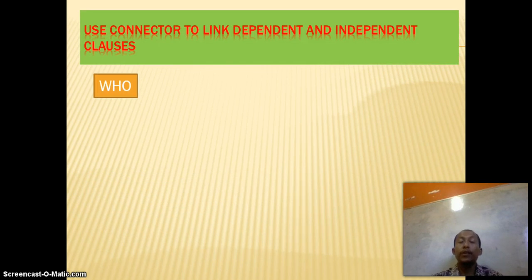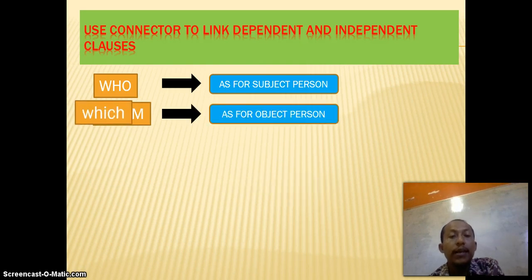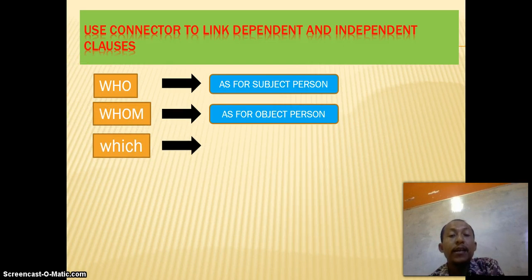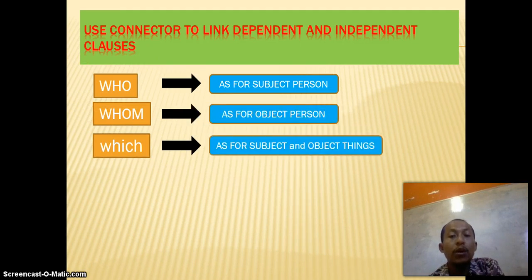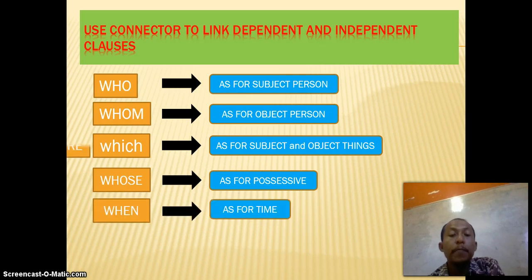There are several connectors that we have to memorize and understand in adjective clauses. Who replaces the subject of a person, and whom replaces the object of a person. Which replaces a subject or an object of things, but whose replaces a possessive adjective, or ownership. When replaces times.